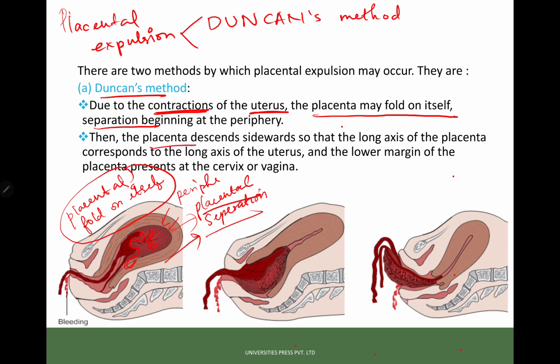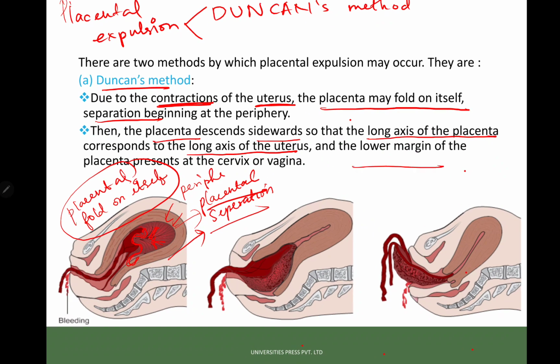Then the placenta descends sidewards so that the long axis of the placenta corresponds to the long axis of the uterus. Very important. The lower margin of the placenta presents at the cervix or vagina.